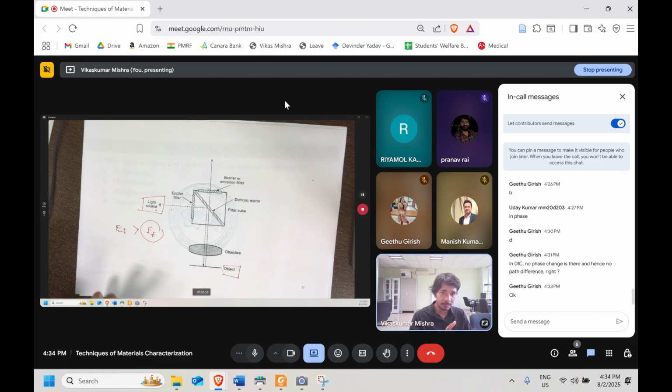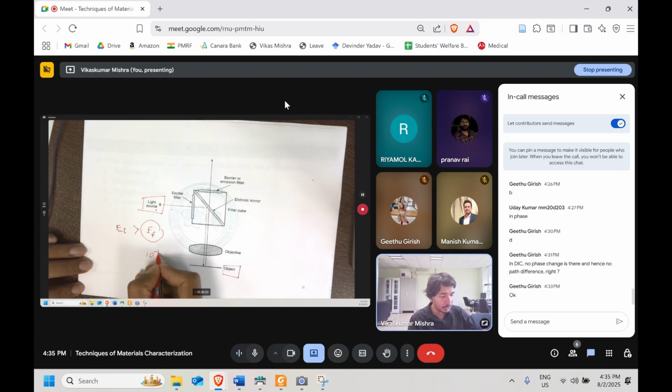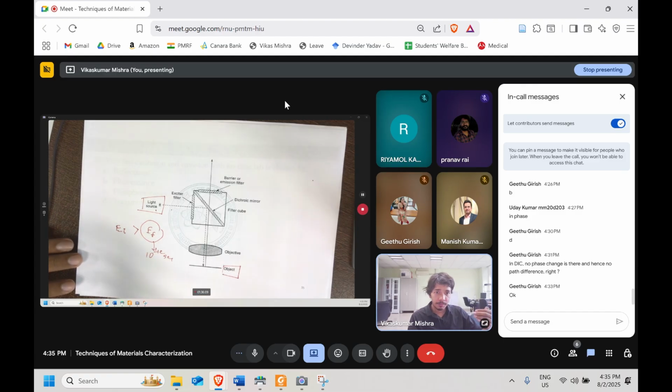We bombarded the light, made the specimen go to a higher excited state, and now it will come back again. It happens in 10 to the power of minus 12 seconds, picoseconds. This reversal from the higher energy state to the lower energy state is very fast.